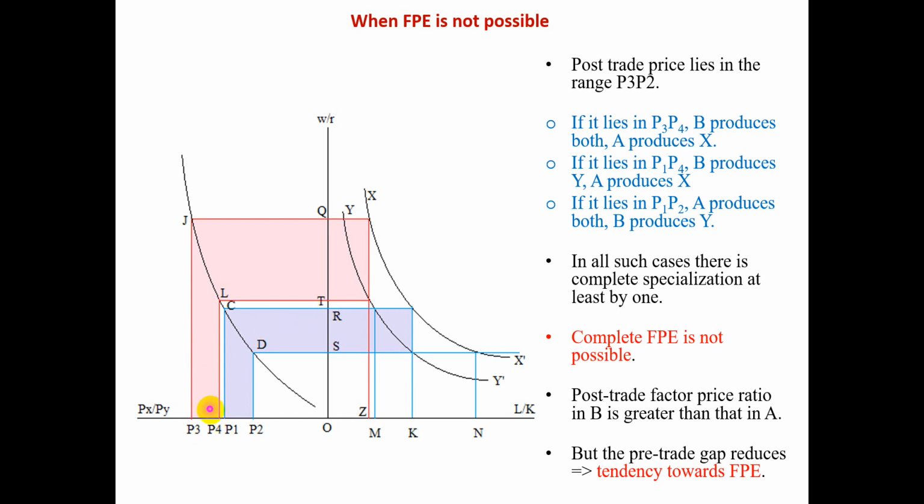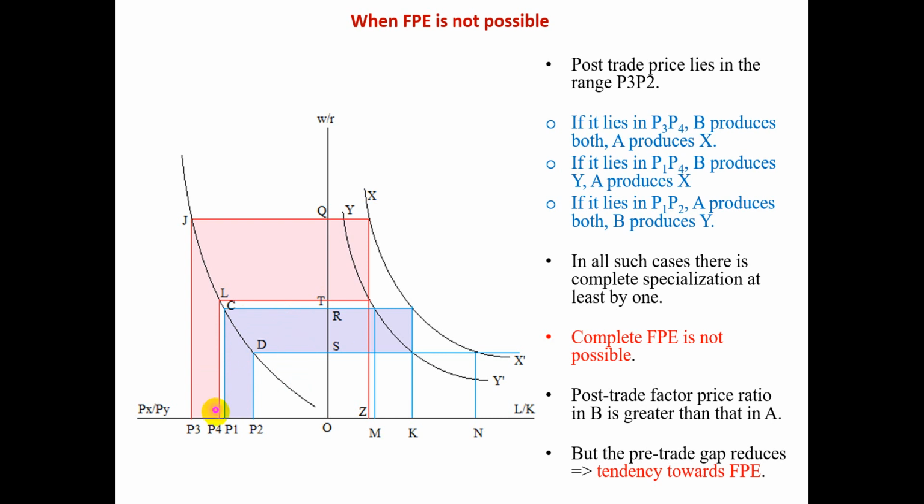Because if it lies in P3, P4, then the wage rental ratio is more than OR, so that it will not be producing Y, it will be producing only X. So if it is lying in between P1 and P2, then A will be producing both because it is lying in its permissible zone.